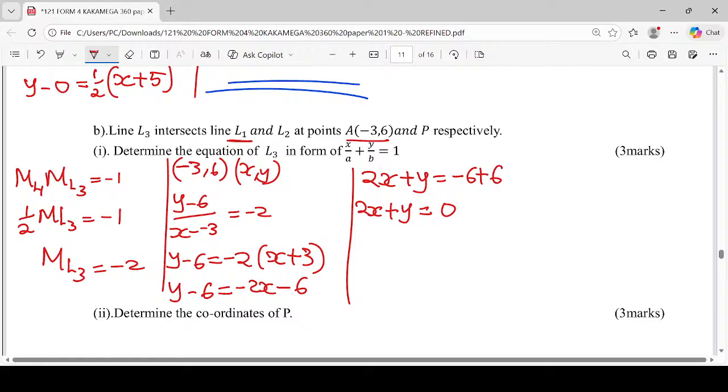we are having it that way, are we done? They want it in the form of x over a plus y over b being equivalent to 1. So in the double intercept form, we are going to divide through by 2.